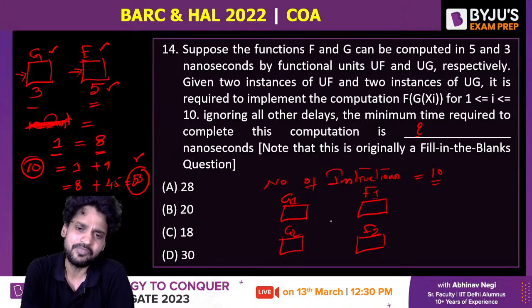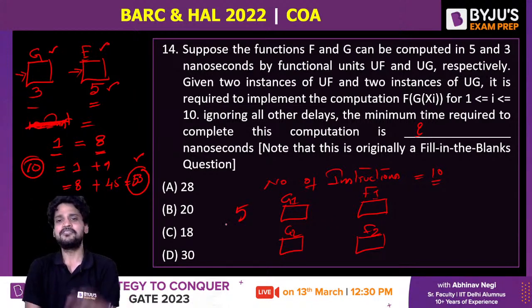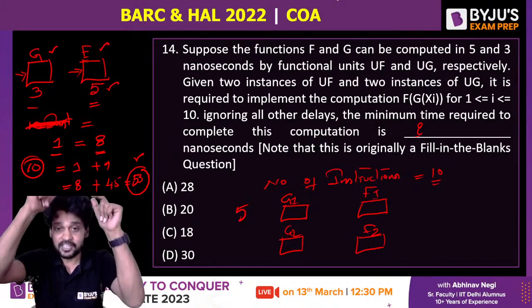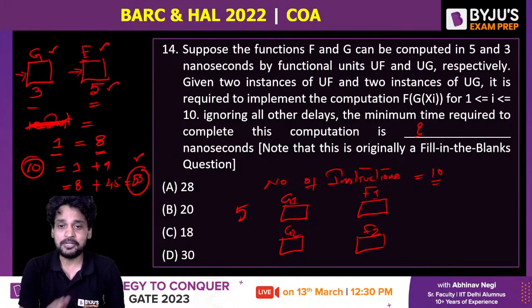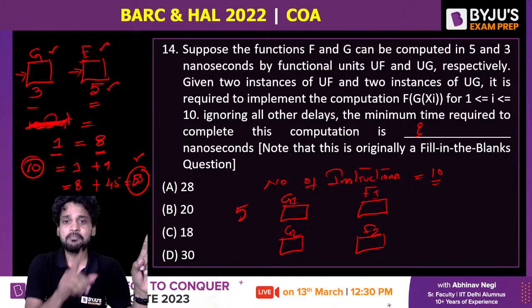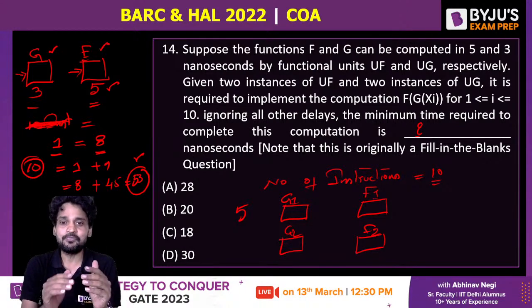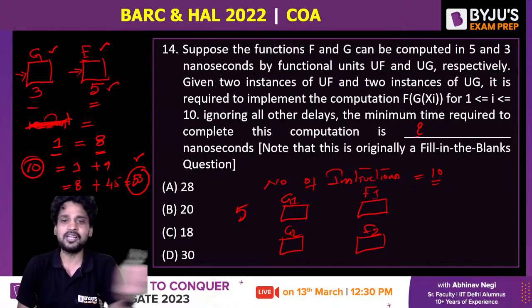So here we need to just calculate only for 5 instructions, right? First instruction followed by the remaining instructions. When the number of instructions is less, you don't apply the k plus n minus 1 formula. You need to divide first instruction plus remaining instructions. The first instruction will consume as many clock cycles as required to cover all the segments.